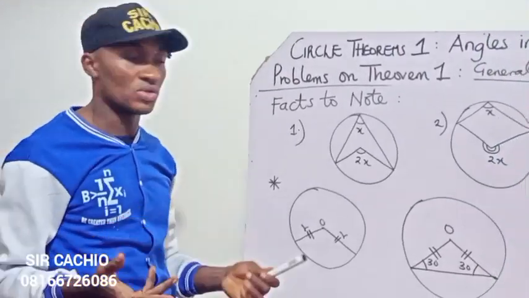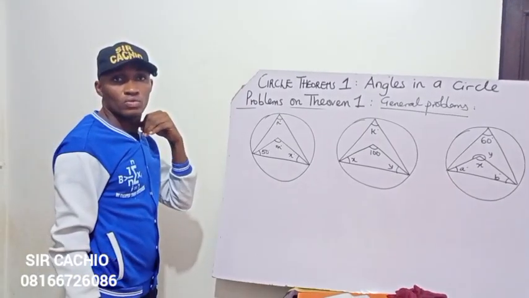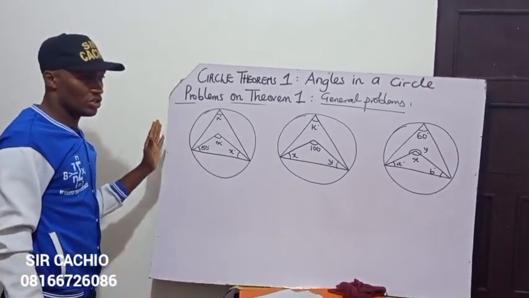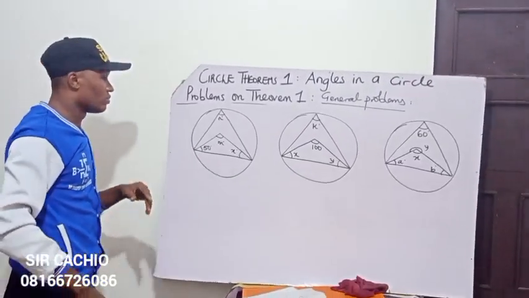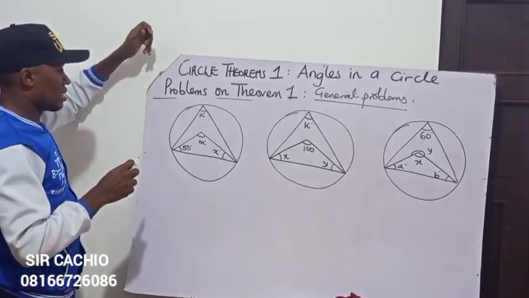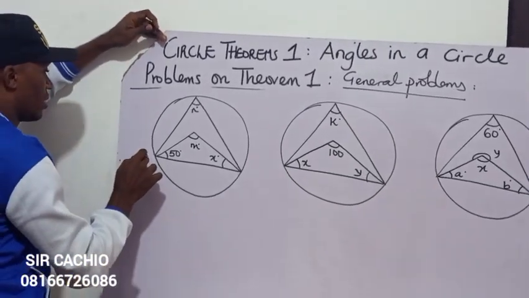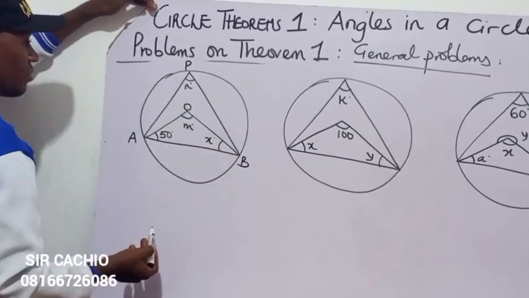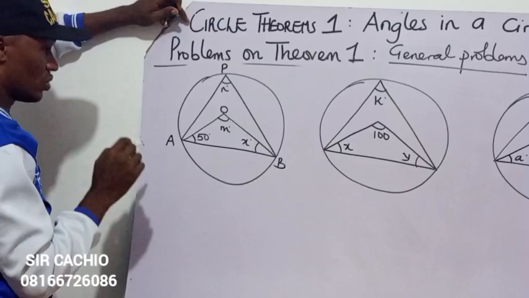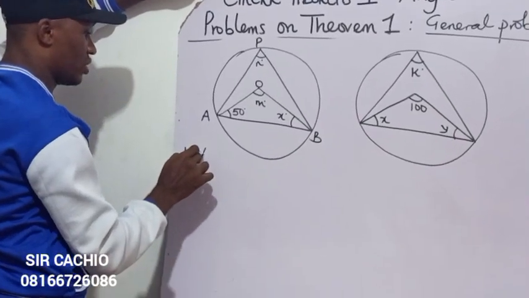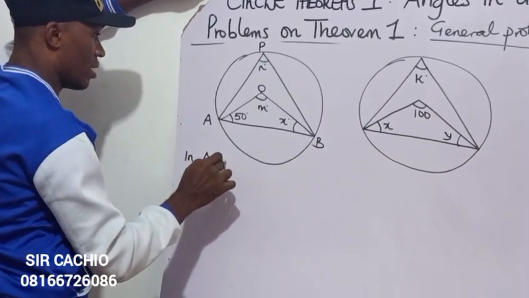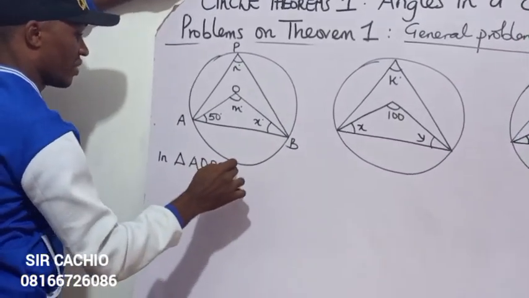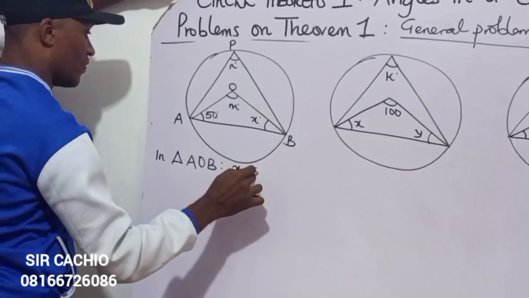So let's go into problem solving. We'll move on. This is under theorem 1, and it's actually simple. If you notice, you can name this angle A, O, B, and P. Now, note in triangle A, O, B, x is equal to 50.